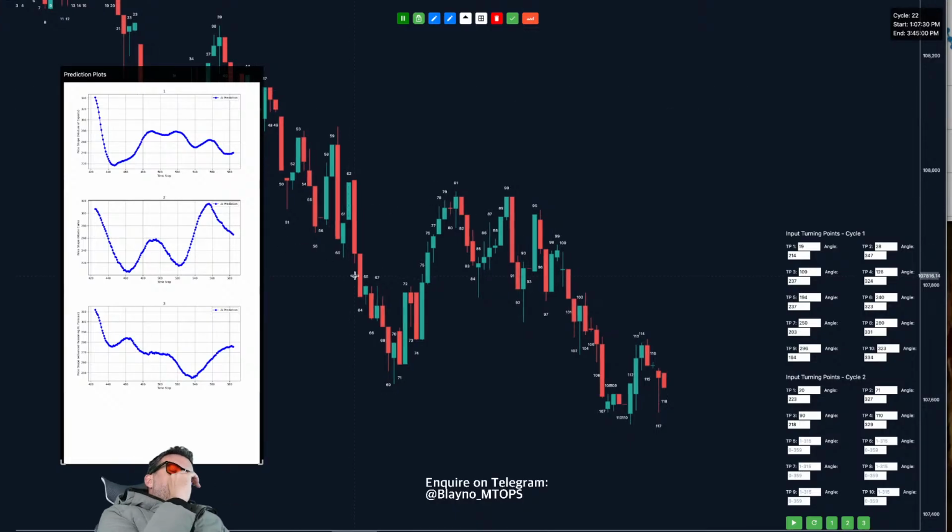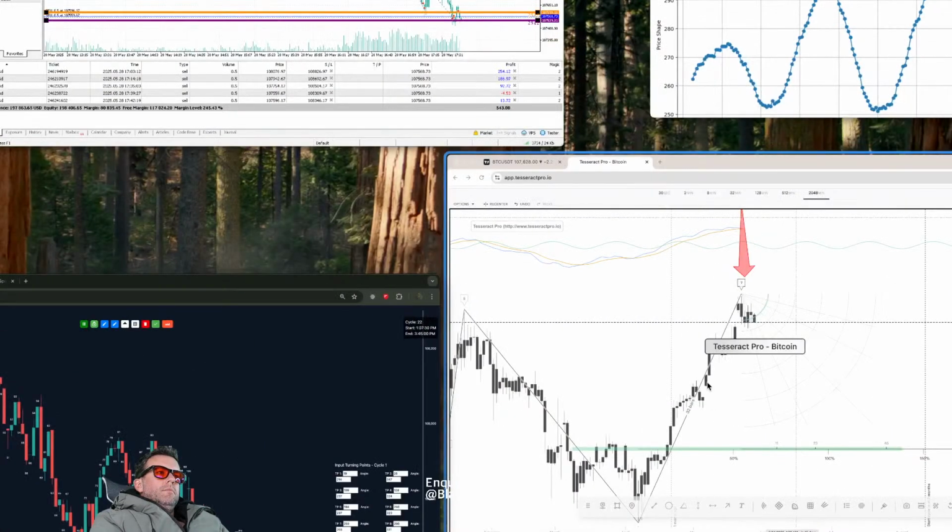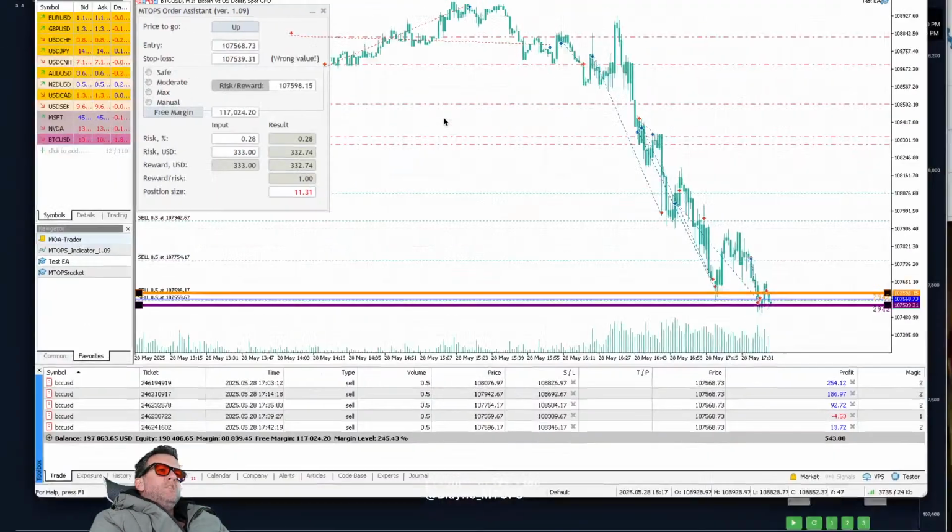Right, so my champion model again today has been model number 2. So I'm just going to keep on using that. Which is kind of surprising to me because I thought 3 was going to be the winner. But 2 definitely is.